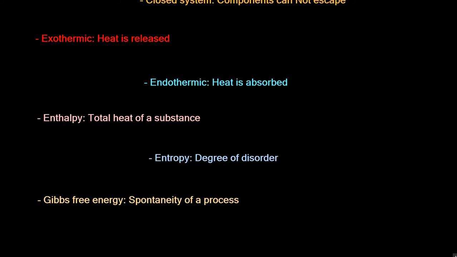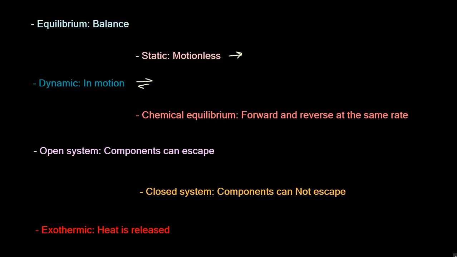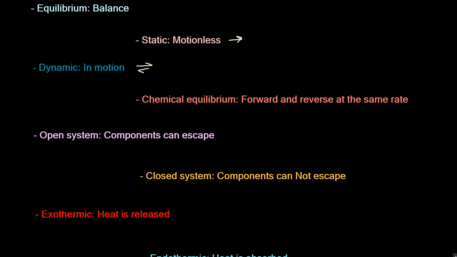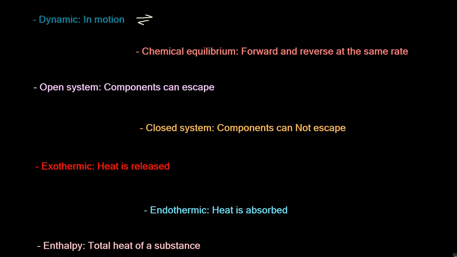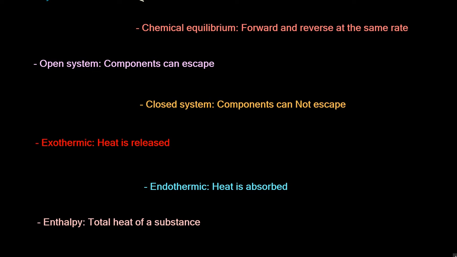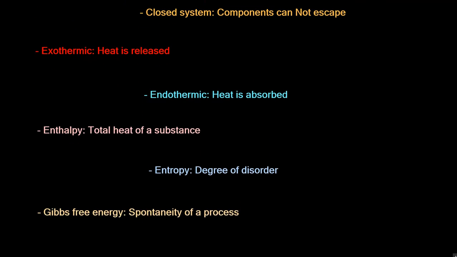I want each and every one of you to remember all these points. Equilibrium just basically means balance, static meaning motionless, dynamic meaning in motion, chemical equilibrium where forward and reverse happen at the same rate, open system where components can escape, closed system where components cannot escape.